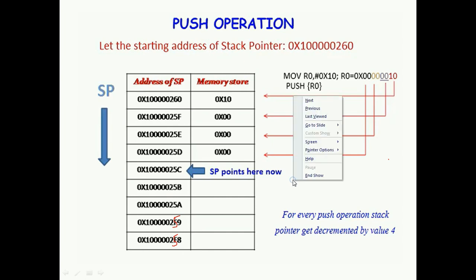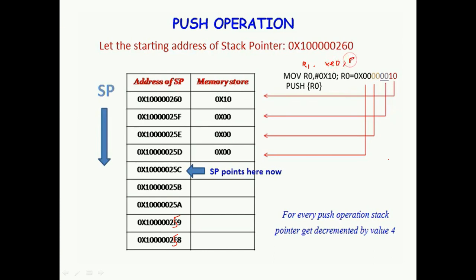What I mean to say here is, if I want to perform one more operation, if I take MOV R1 and here I take 20 instead of 10, then R1 will have all zeros and the last byte from the LSB will be 20. How is it saved onto the stack after push?